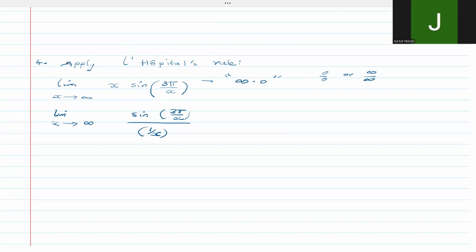So now it agrees to the form of 0 over 0. So it's that form, so I can use L'Hopital's rule. I'll draw a long arrow and say L'Hopital's rule. That means differentiate the numerator first, and the derivative of the numerator is just cosine of 3 pi divided by x.